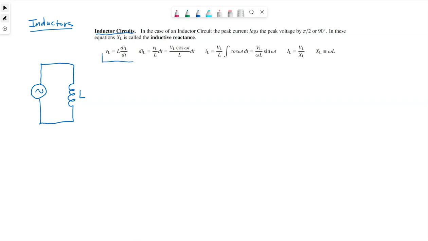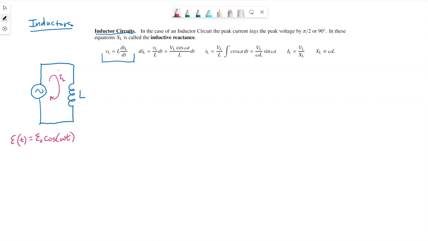We know that the voltage drop across an inductor is directly related to the inductance of the inductor and the rate at which the current in the circuit is changing. Now, our source is changing with time. So maximum source voltage.